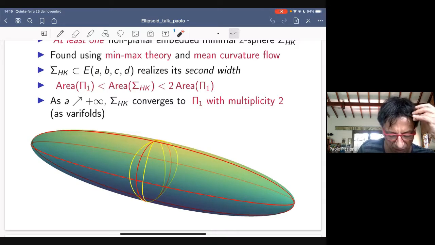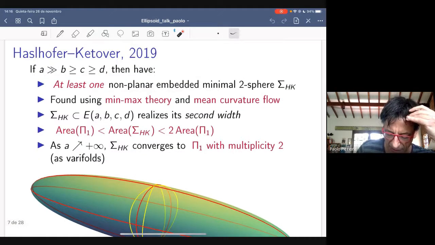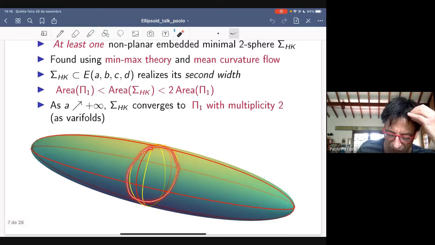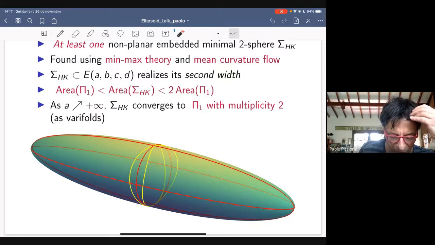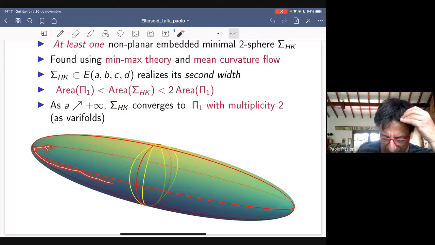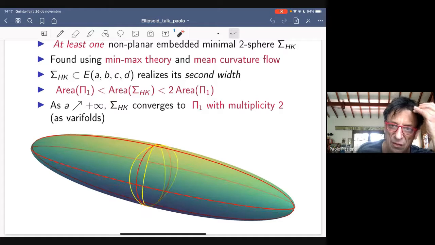We haven't checked this very carefully, but apparently this new minimal sphere has an area which is bounded by the area of this and twice the area of the same thing. Sorry. Probably this appears when A is such that the area of this is exactly twice the area of this. That's why I got confused. Sorry.